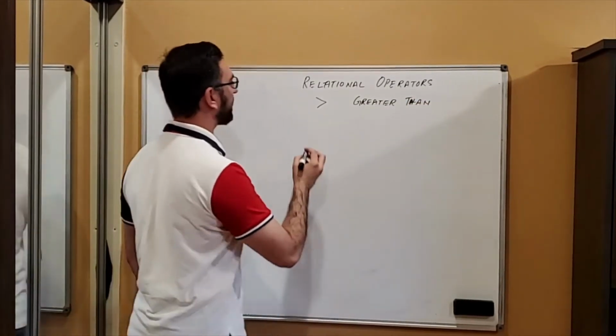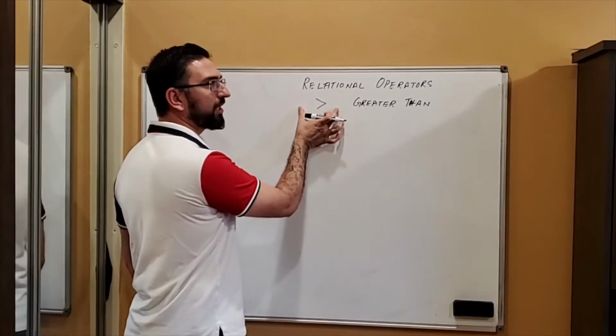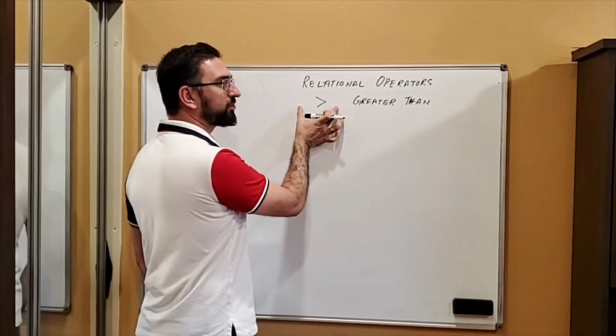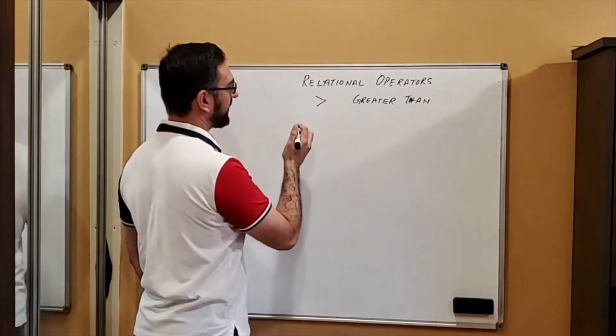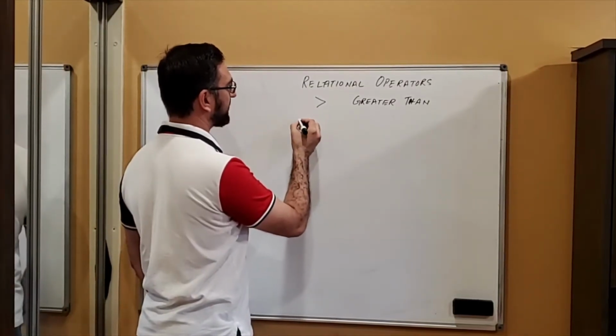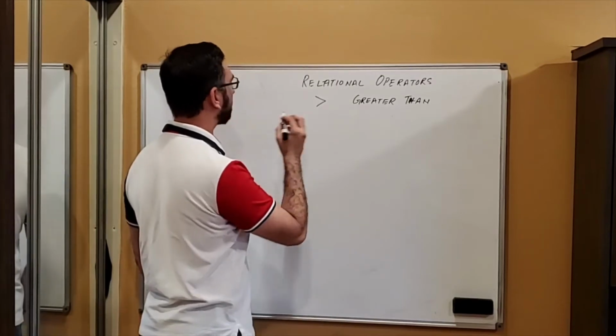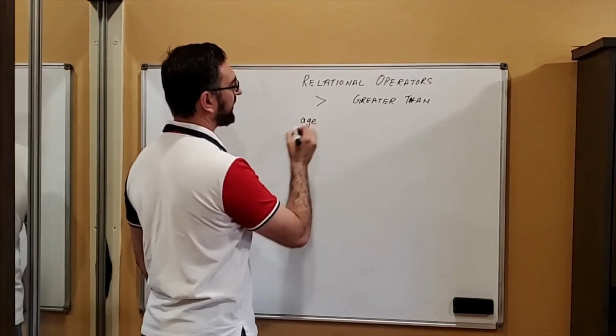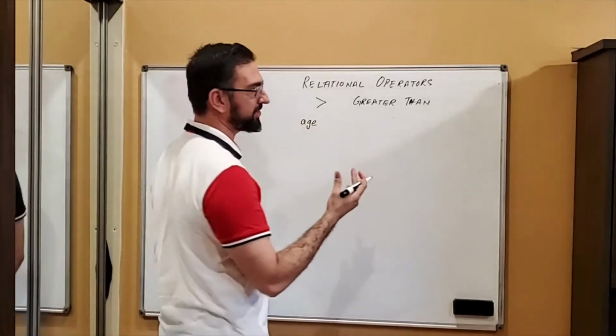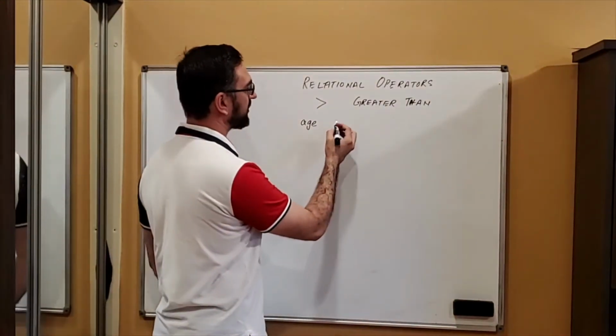So if you're comparing two things, then that means basically that something on the right hand. So let's just suppose I have age, a variable which holds the information about the age of a person riding the roller coaster.